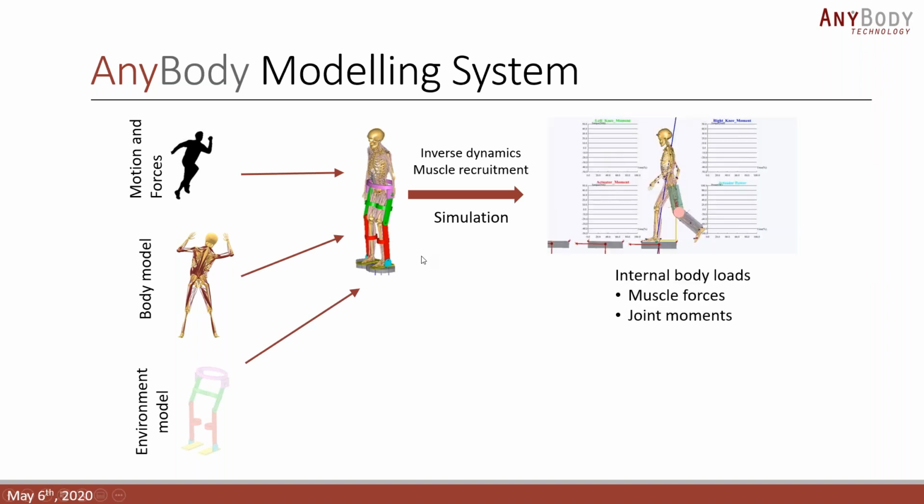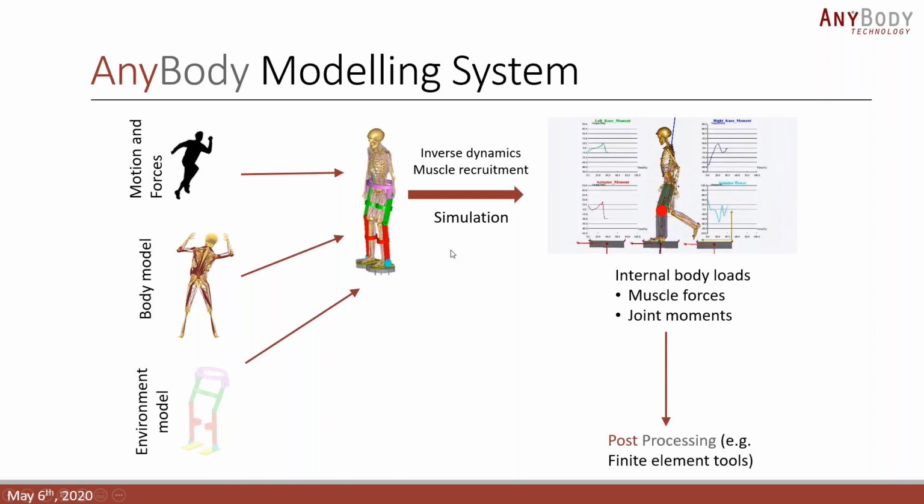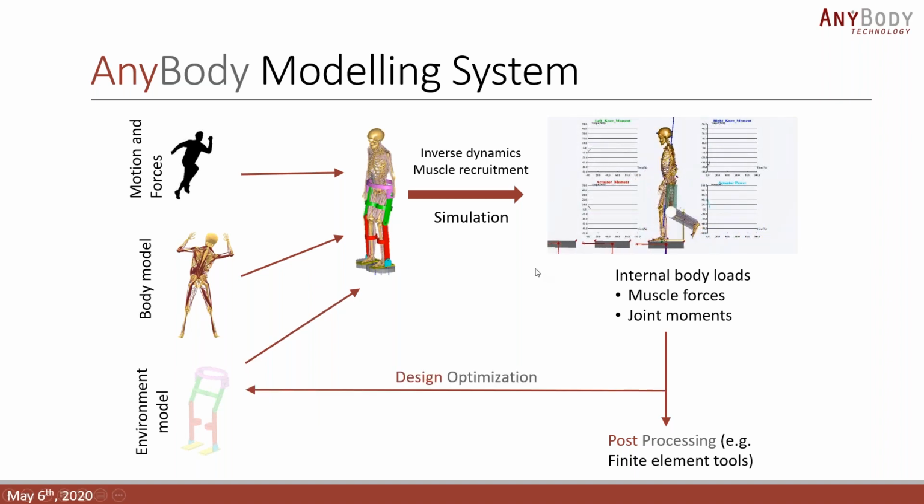And then you can calculate the internal body loads as muscle forces and joint moments. You can then use the results to do some post-processing, for example, using some finite element tools. But a lot of users also close this loop by optimizing that design in some way and running this loop again.